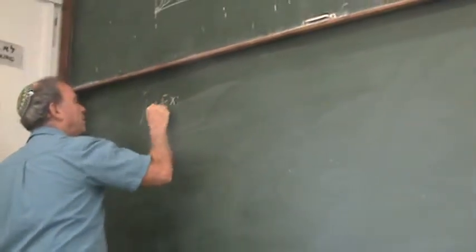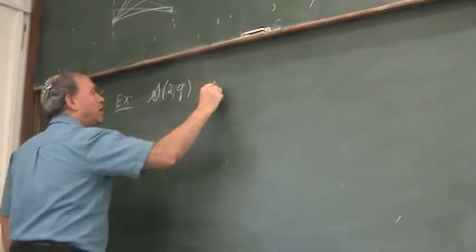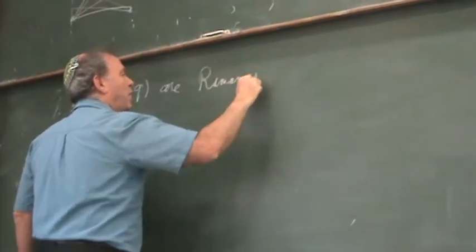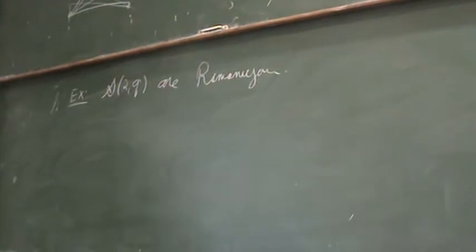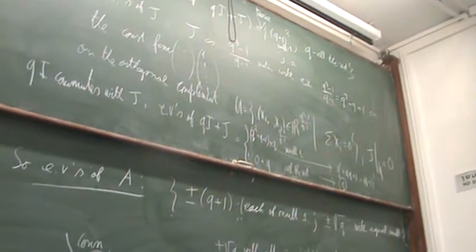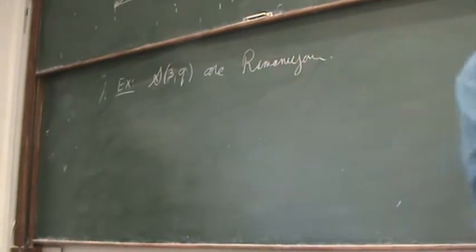Example: these X^{p,q} are Ramanujan. Why?